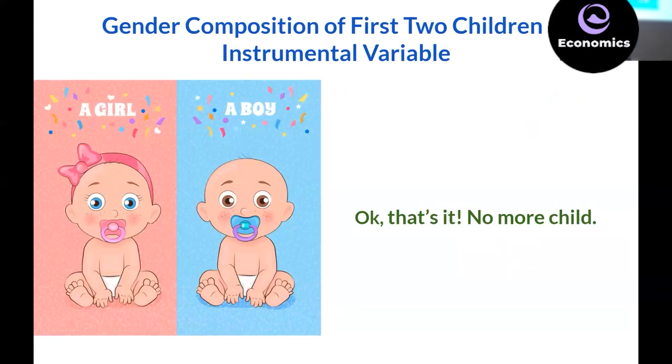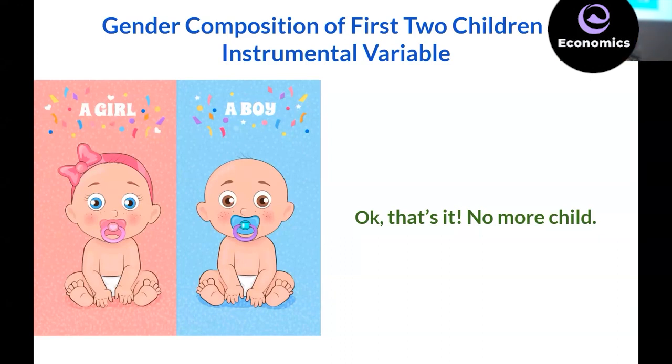This is done in the context of the US. We know that the gender of children is going to be random. Biological science tells us that. And in the US, not everyone, but in the sample there, there's a small preference for parents to have a mixed gender of children.